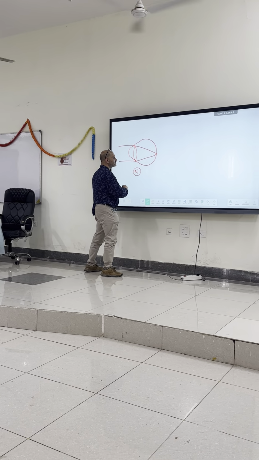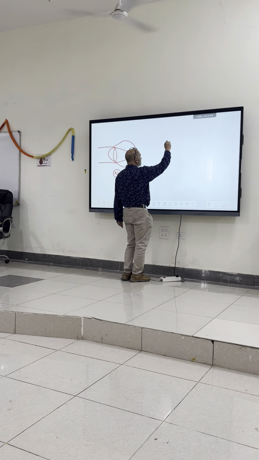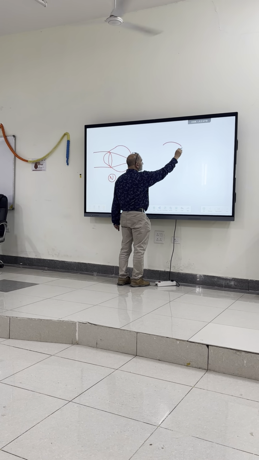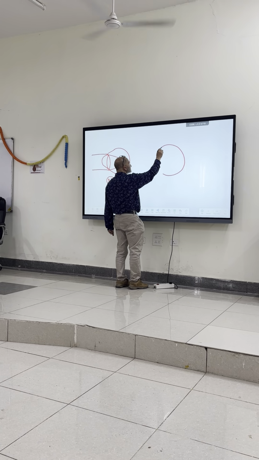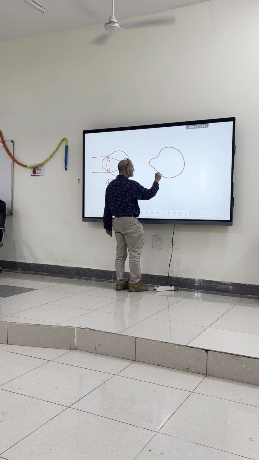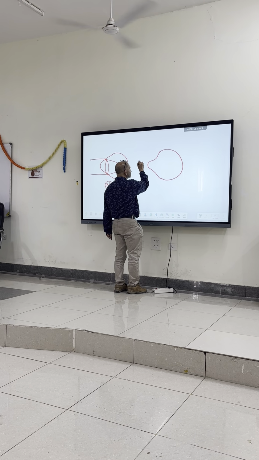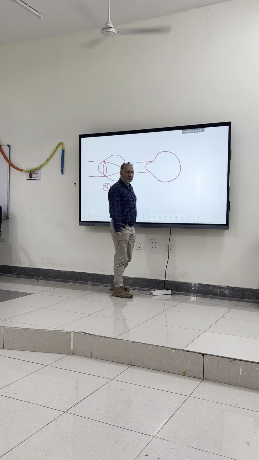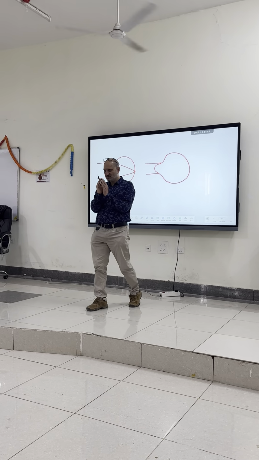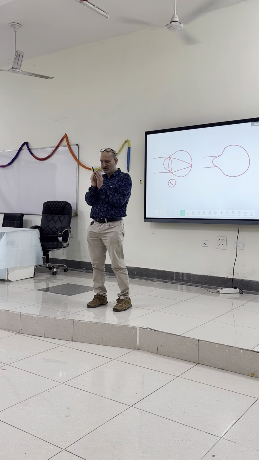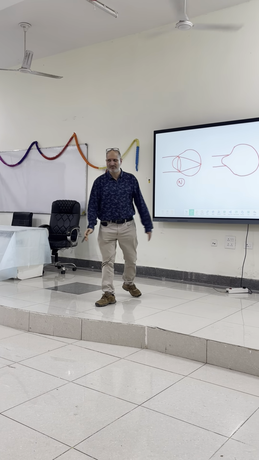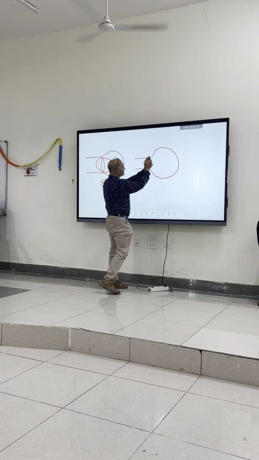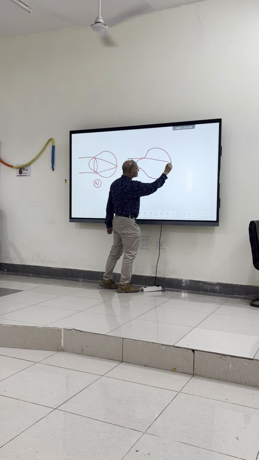So what happens where there is absence of lens? There is no lens, so the light goes to the cornea and will not be bent enough, because the lens is biconvex and bends the light to put it on the retina. There is no biconvexity here, so it will project behind the retina.